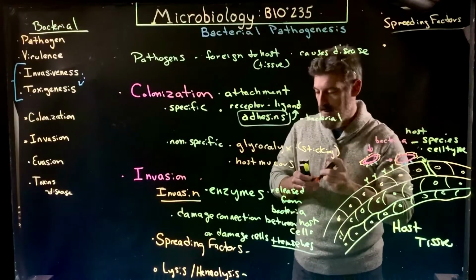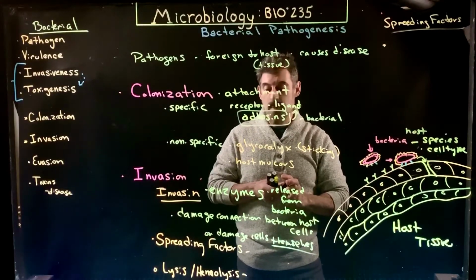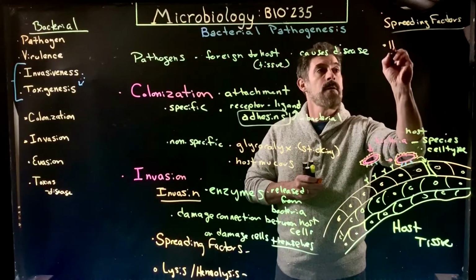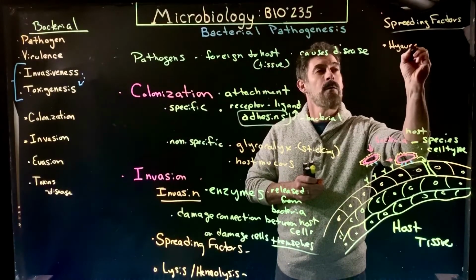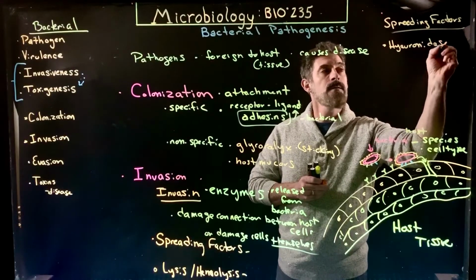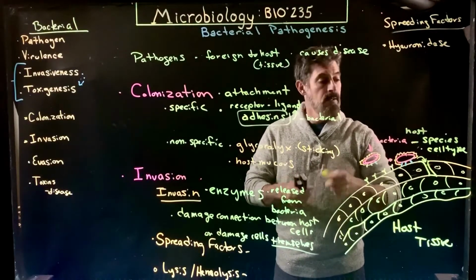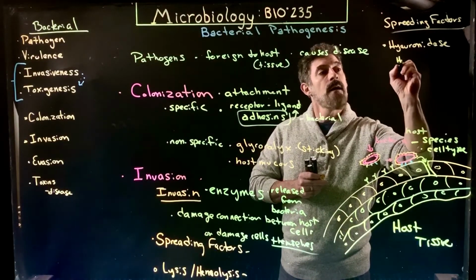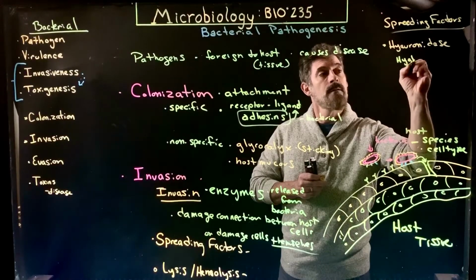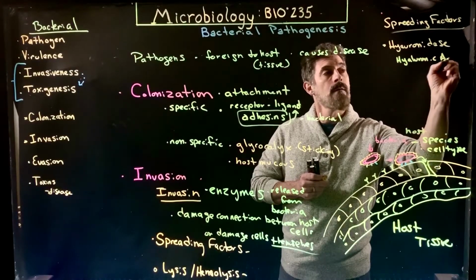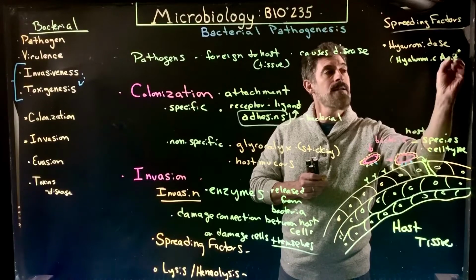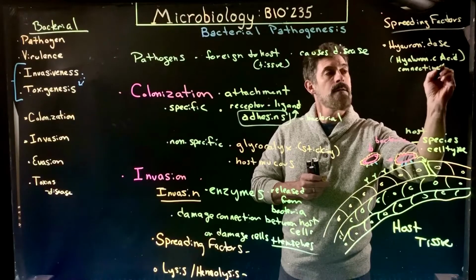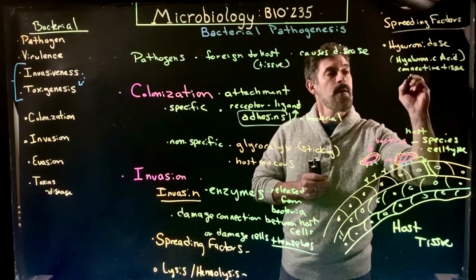One of the first ones, really a primary type of spreading factor, is called hyaluronidase, H-Y-A-L-U-R-O-N-I-D-A-S-E. A polysaccharide called hyaluronic acid is involved in connective tissue adhesion.